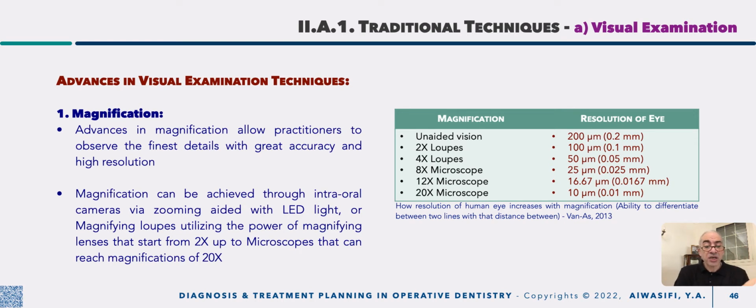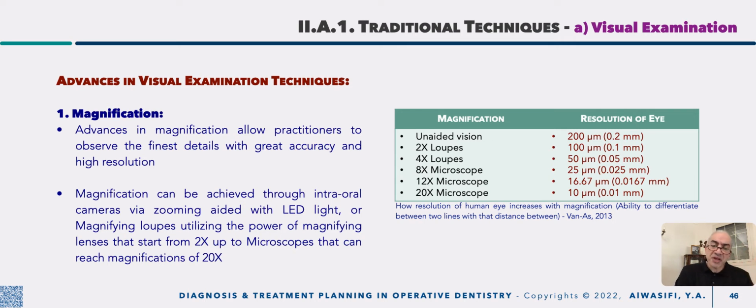This magnification can be achieved by different techniques, including transmitting the vision field into a monitor with magnification, just like intraoral cameras that allow zooming, aided with a light emitting diode light source that allows you to properly inspect your lesion or field.